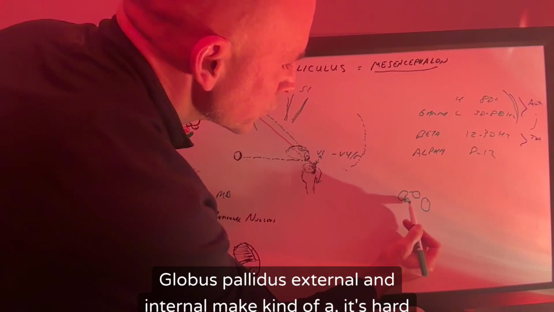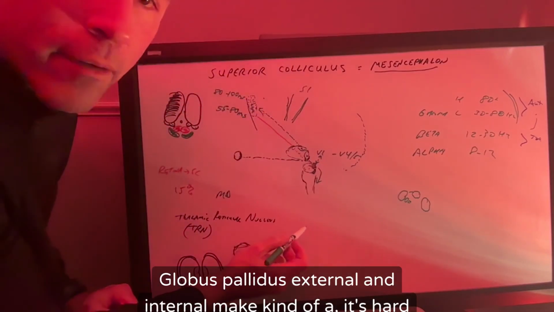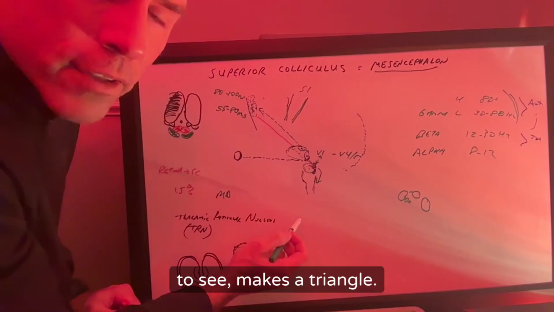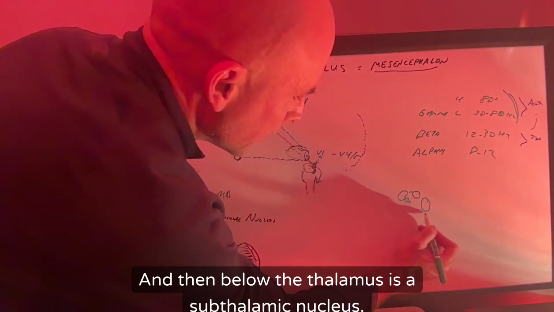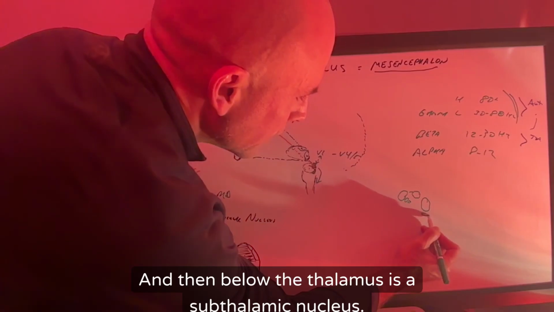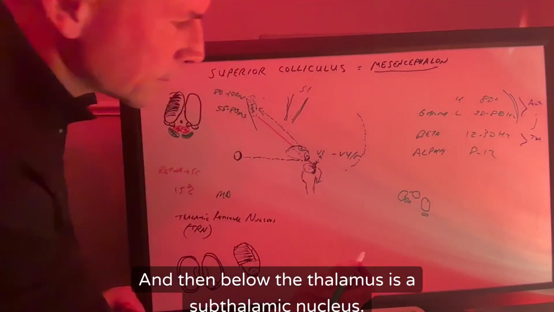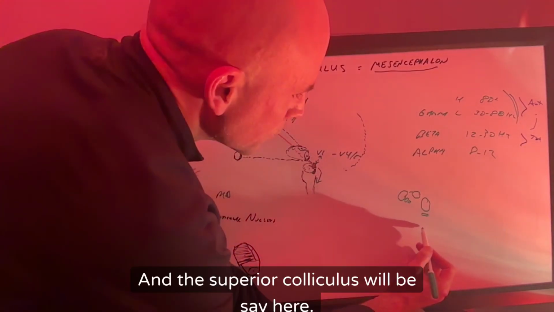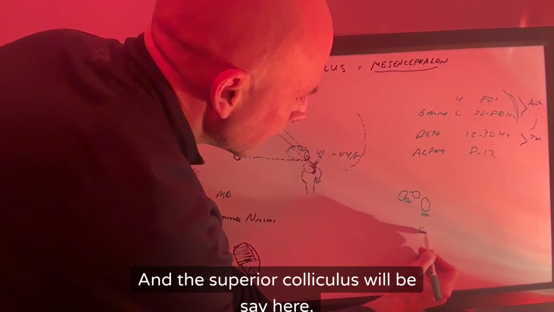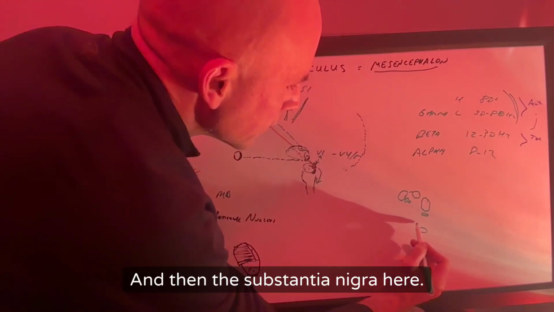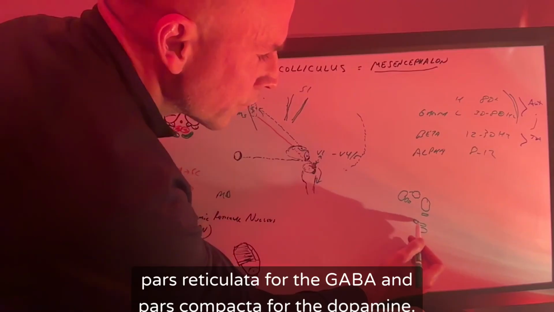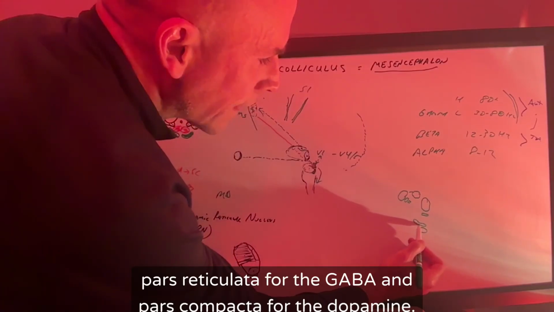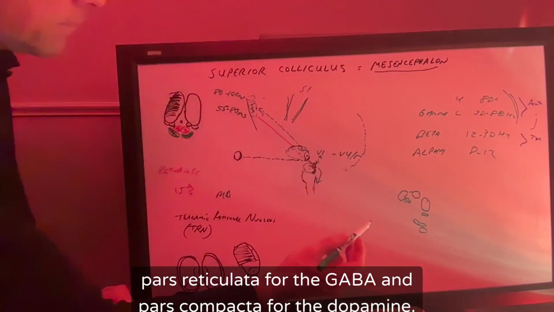Globus pallidus external and internal make kind of, it's hard to see, a triangle. And then below the thalamus is a subthalamic nucleus. Okay, and the superior colliculus will be, let's say, here. And then the substantia nigra here. Pars reticulata for the GABA, and pars compacta for the dopamine.